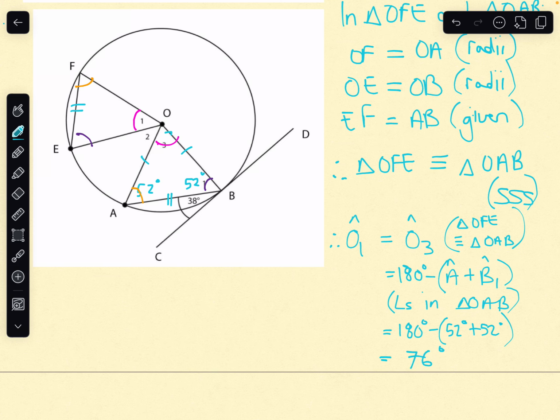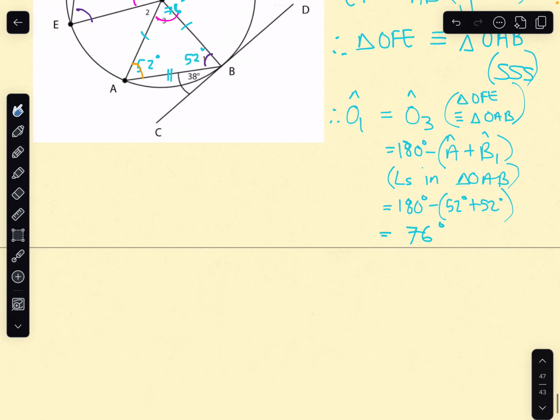And so both of these guys are 76. Right, and I think that's it for that question.